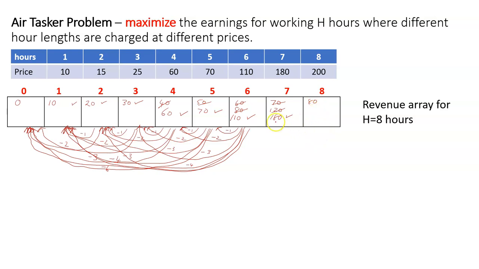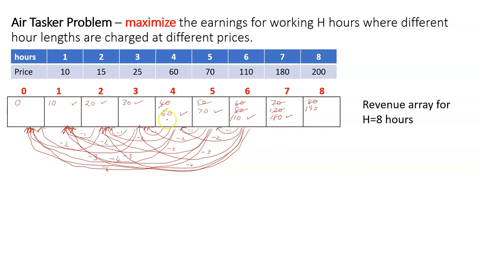Go back 1 hour. We've got $180, add a $10, 1-hour job to that, we've got 190, much better. Go back 2 hours in time to 110, add a 15, 2-hour job, that's 125, that's not better. Go back 3 hours in time to 5 hours, add a 3-hour job to 70, that's 70 plus 25, 95.